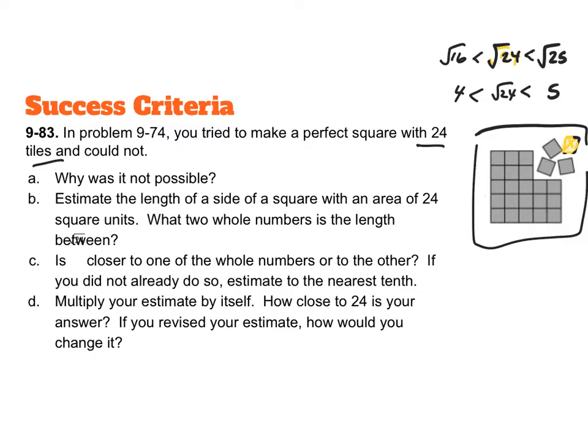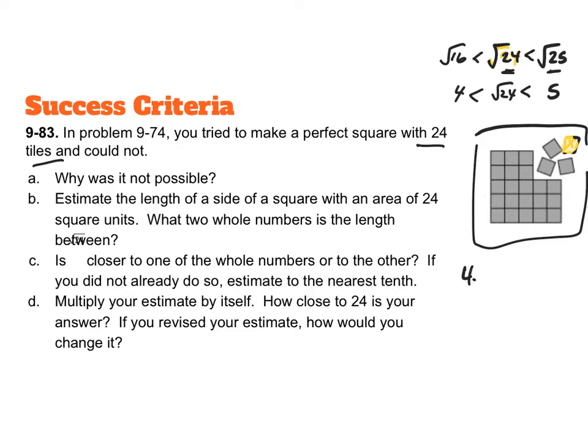And if you notice here, 24 is pretty close to 25. So if I were to estimate before I went to a calculator, I would say that it'd be like 4.8 or 4.9. And then you could actually calculate it out to see exactly what it comes out to be. Off screen, I actually just calculated that on my calculator.